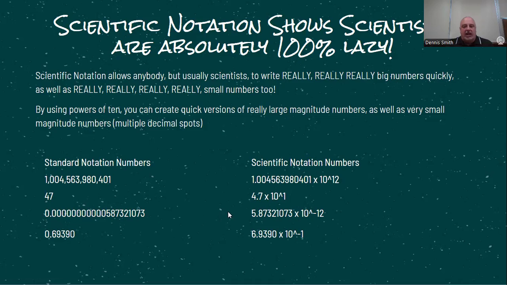So your scientific notation is, you move it 1, 2, 3, 4, 5, 6, 7, 8, 9, 10, 11, 12 spots to the right because it's a decimal. And because these numbers have positive exponents, this decimal is going to be a negative exponent. This moves to the left, that's positive. This moves to the right, it's negative. And then this bottom one, you just move it one spot, and that gives you 6.9390 times 10 to the negative first.